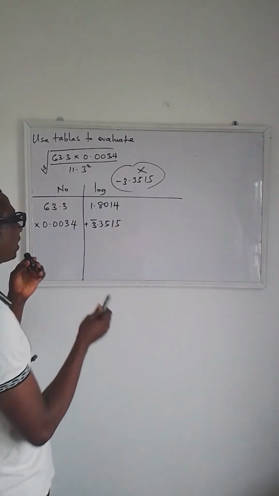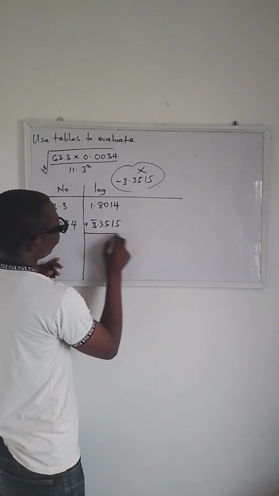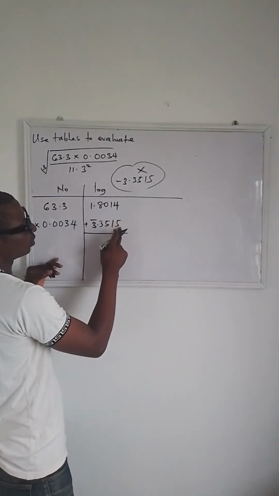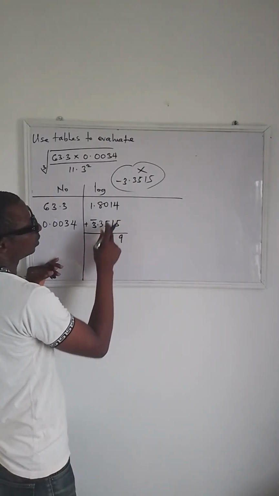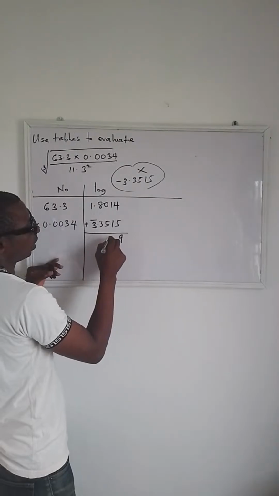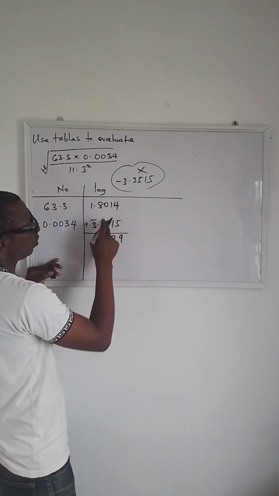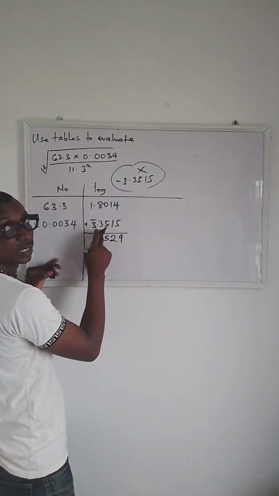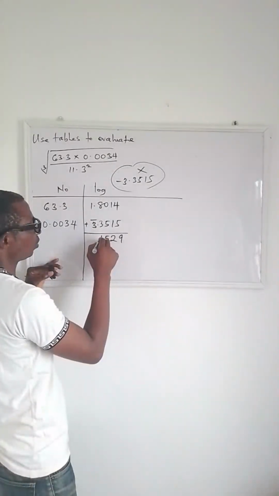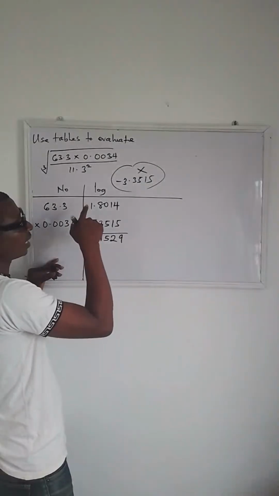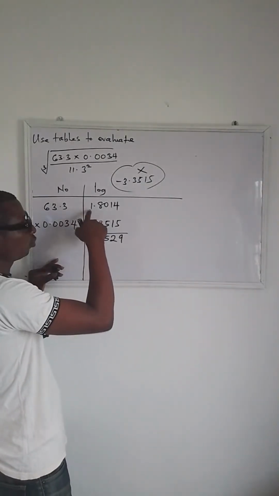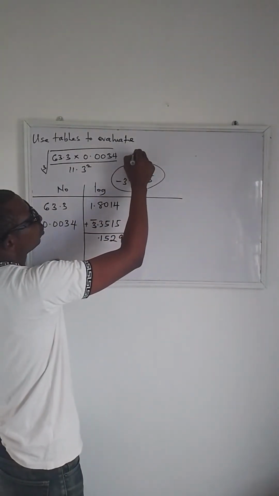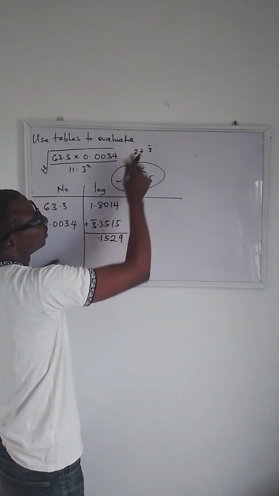Now let's add these numbers together. 4 plus 5, we have 9. 1 plus 1, we have 2. 0 plus 5, we have 5. 8 plus 3, we have 11, so you write 1 and carry 1. That 1 added to this, you have 2. 2 plus bar 3.